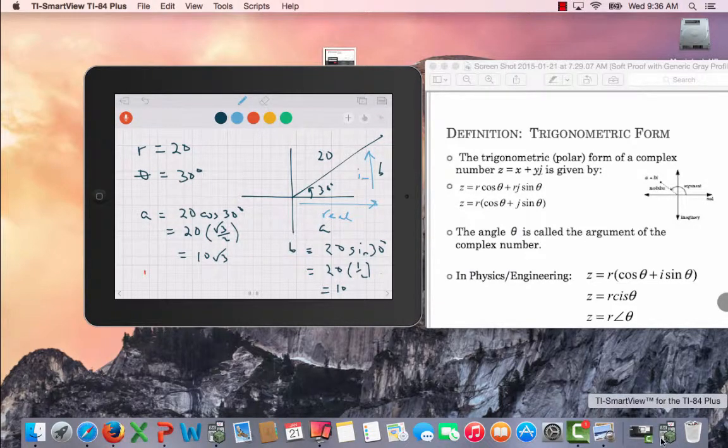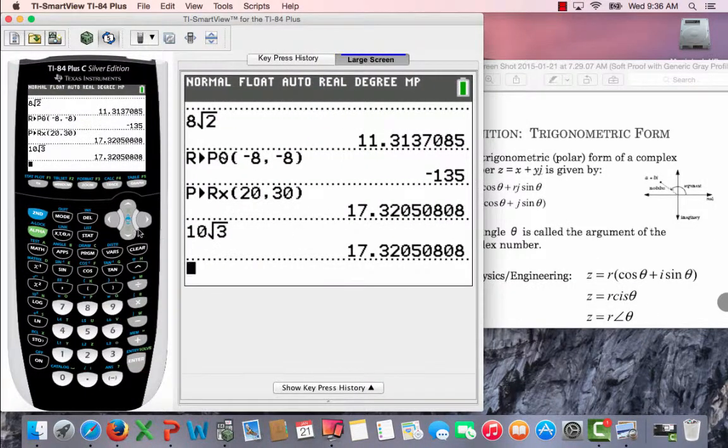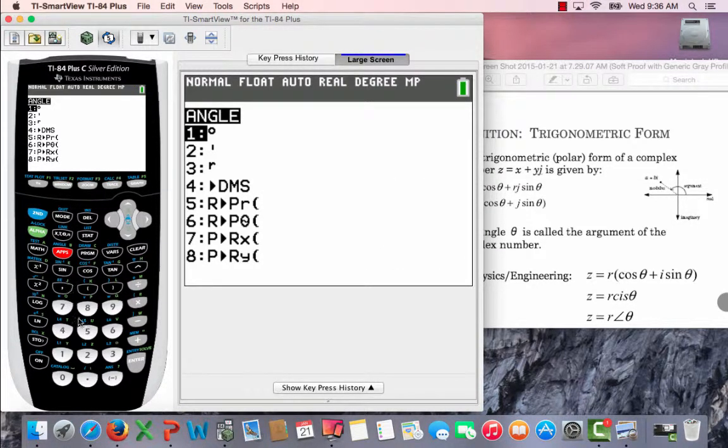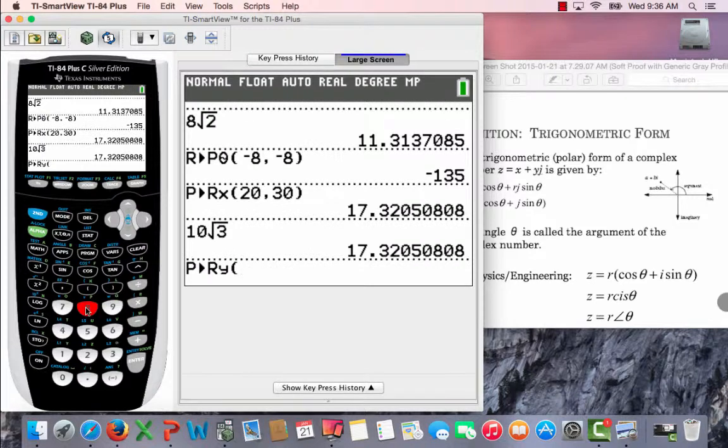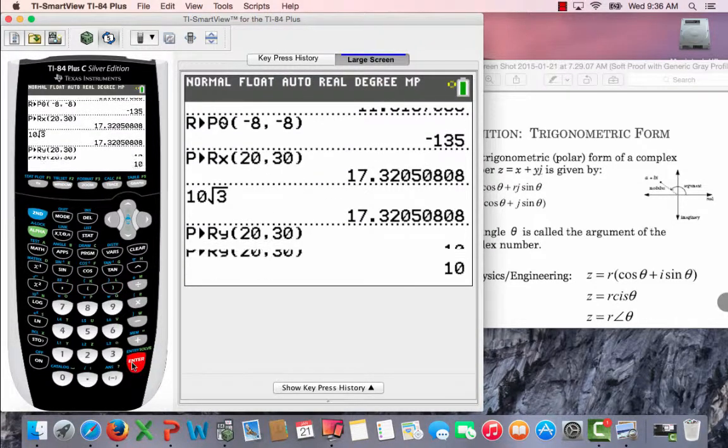So back to the calculator to show you how to do that. Second function, angle. And now it's number 8. I have the polar coordinates and I put those in, 20, 30 degrees, and I get 10. So that gives me my standard format there.